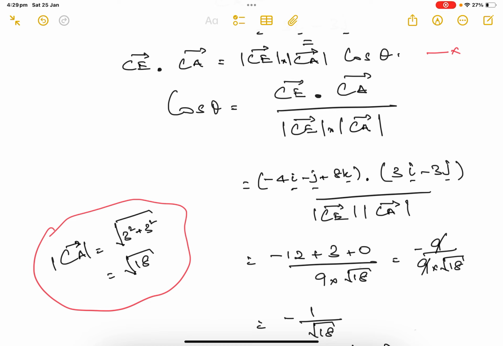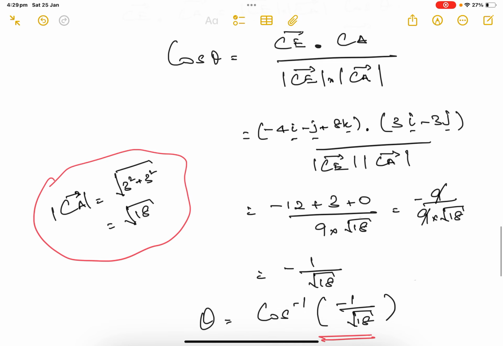So I with I, J with J, K with K should be multiplied. The coefficient of I is minus 4 and 3, so 3 times minus 4 is minus 12. Coefficient of J, minus 1 times minus 3 is plus 3. And K, there is no K here, or 0K, so 4 times 0 is 0.